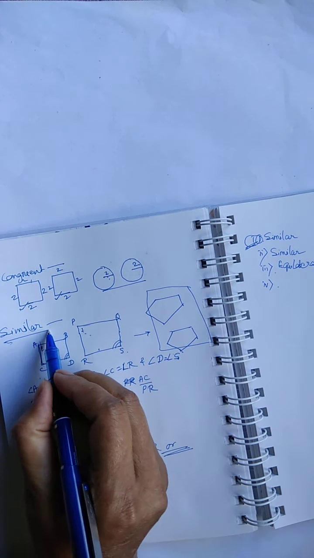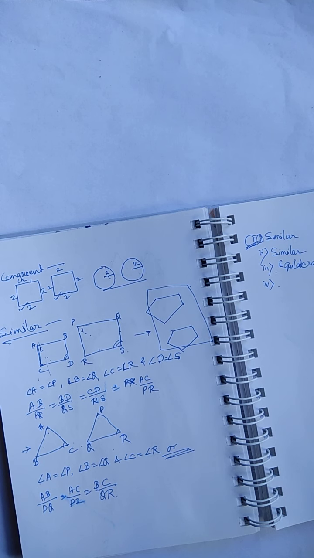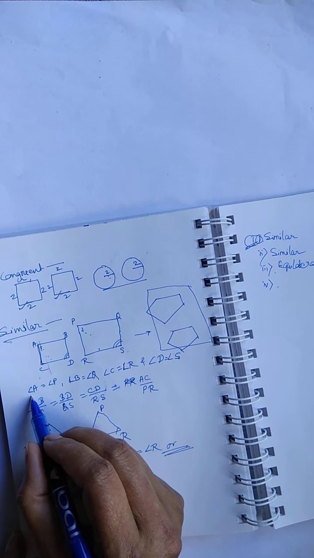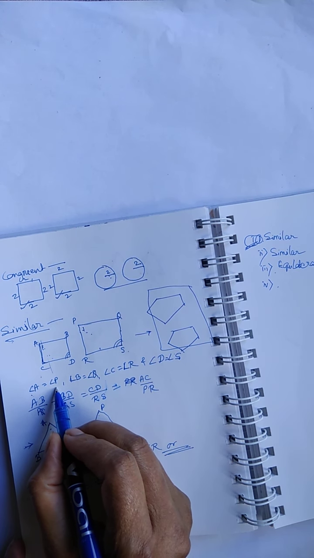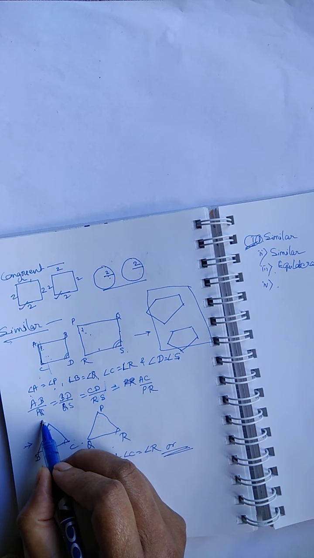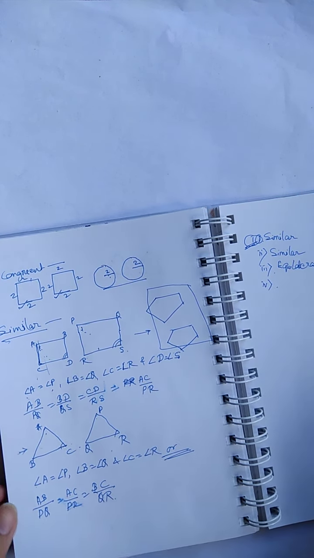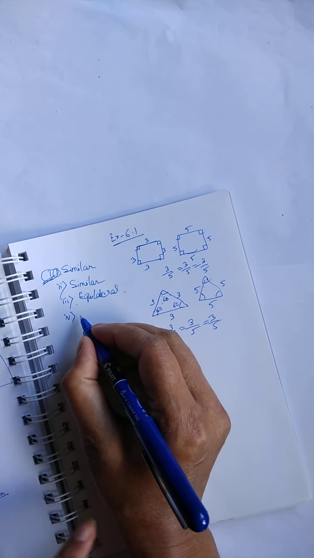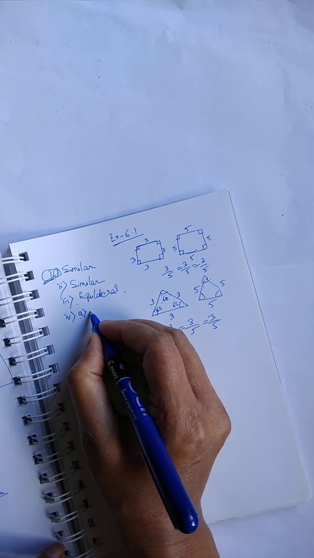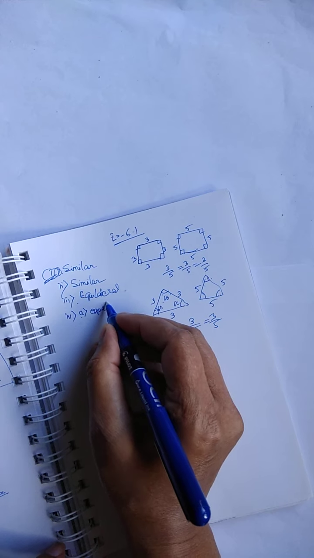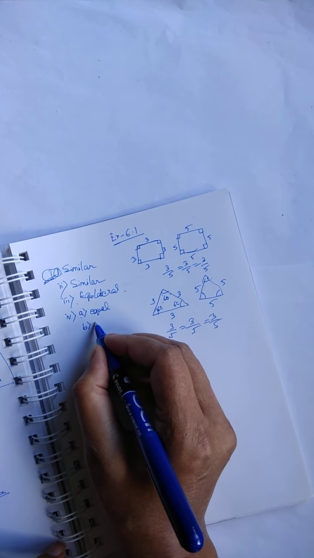This is asking about similar: in which condition will it be similar? When the corresponding angles are equal and the corresponding sides are in the same proportion. So for the fourth, A is equal and B is proportional.